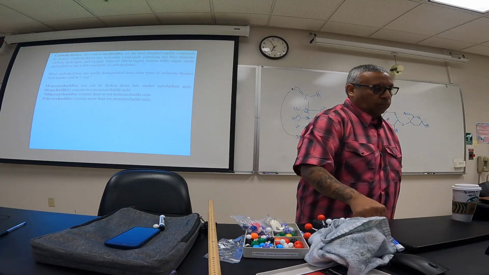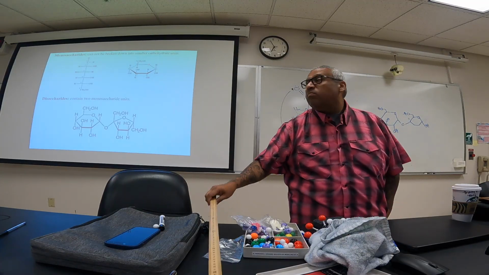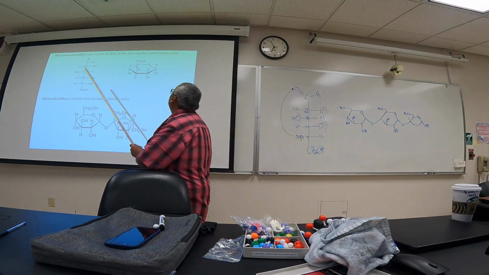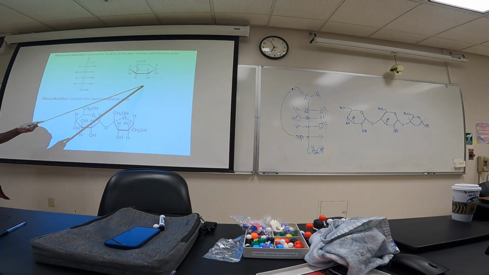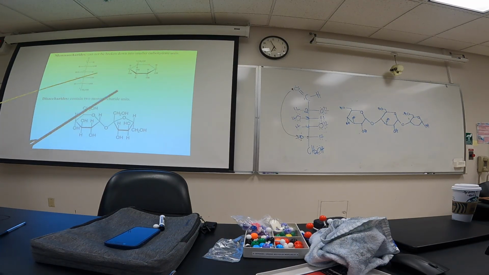All right. So there we go, monosaccharide. Here's glucose. This is alpha glucose. It's also in the D isomer, so this is alpha D glucose. Here we have fructose.